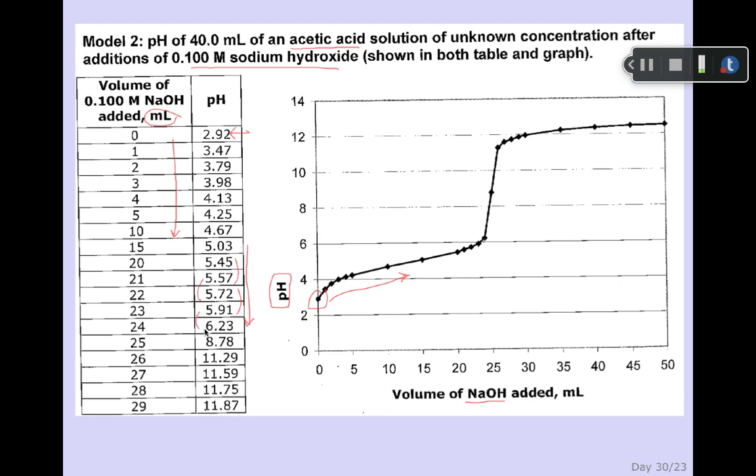But all of a sudden at 23 and 24 the change gets bigger, and 24 to 25 the change is even bigger, and then 25 to 26 we have quite a big change. In the graph, it represents this middle point where there's this large change in the pH. So suddenly you reach the point where the pH has changed dramatically for a very small addition.